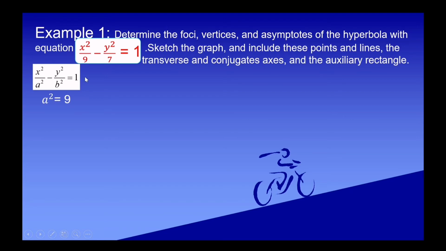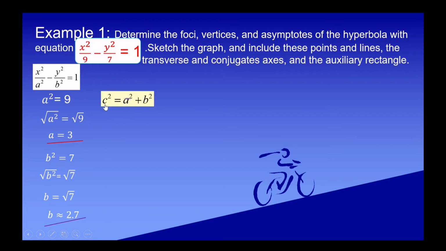So, a squared natin is equal to 9. Then taking the square root of both sides, a becomes 3. That is the value of our a. And b squared is equal to 7, that is the given natin sa b squared. Then b is equal to the square root of 7, approximately 2.7.